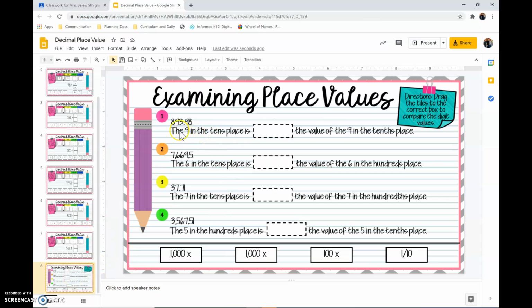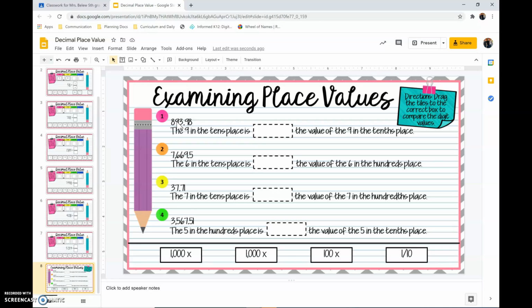It says 893 and 98 hundredths. The 9 in the tens place, okay? So it's referring to this 9 is blank the value of the 9 in the tenths place. So if I look at this 9 in the tenths place and I count up, that's 1, 2 spots higher.